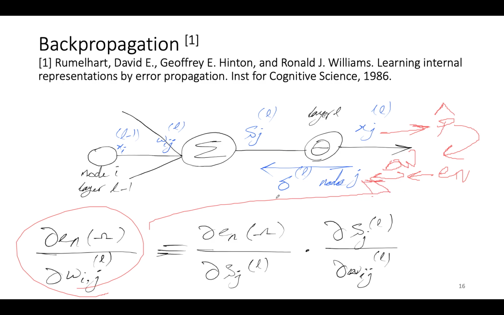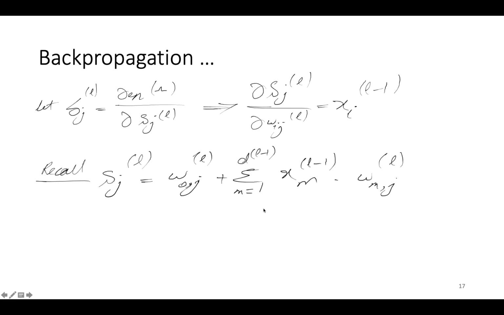This would be equal to this, times the input coming to this from the previous layer. So partial E_n with respect to W's is equal to x_i of the previous layer and the delta that you have here at this specific layer. Okay?